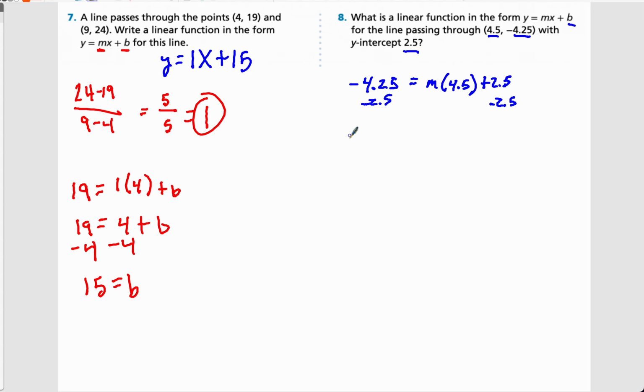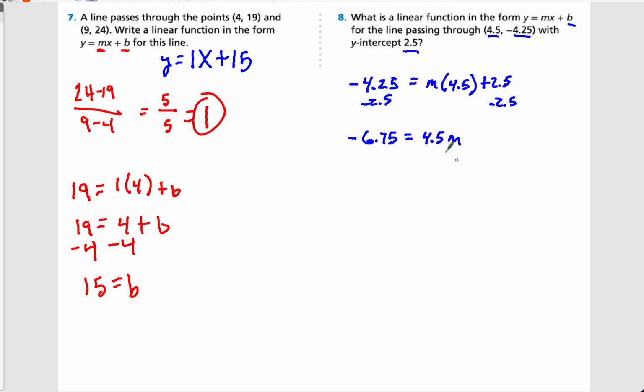And that's going to be negative 6.75 equals 4.5 times m. Did I do that right? Negative 4.25 minus 2.5 equals negative 6.75. Yep.